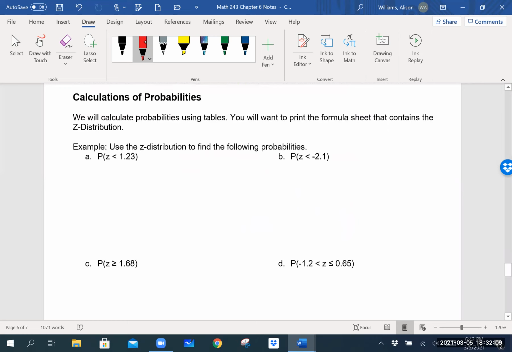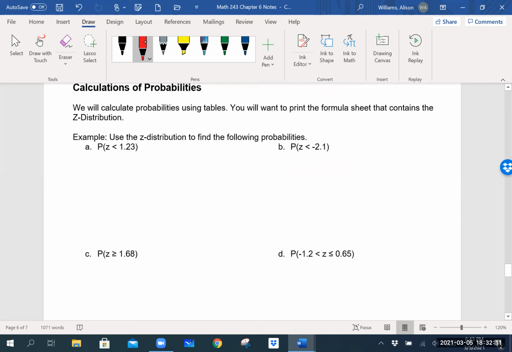Okay, so let's go ahead and try a problem, and we're going to use the formula sheet to do this. Let's say I want to find the probability that z is less than 1.23. z is referring to a z-score, which we talked about in a previous video.